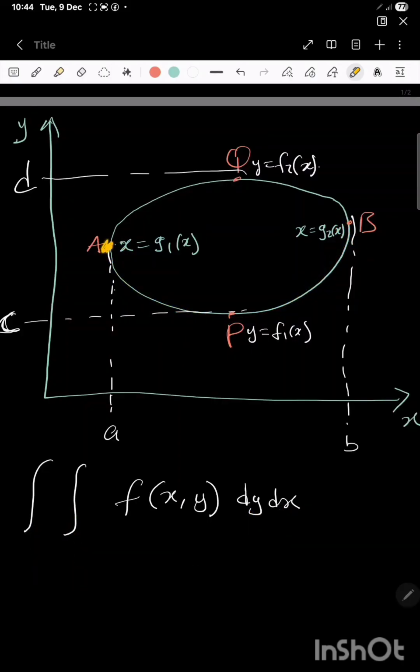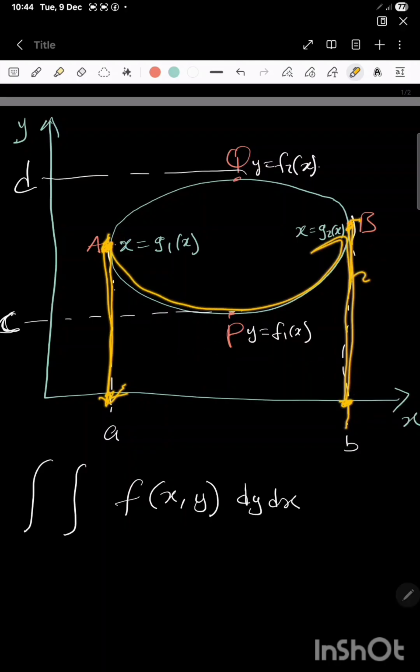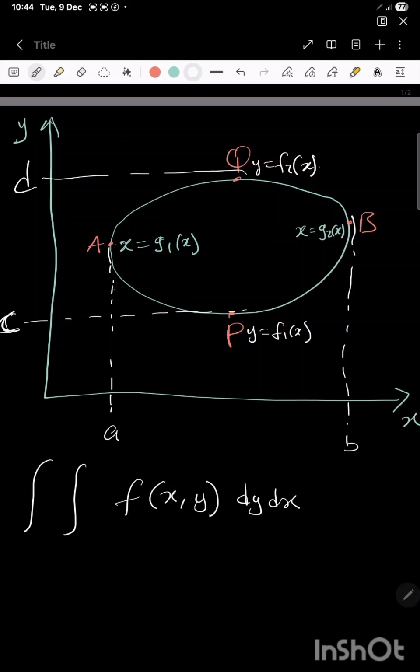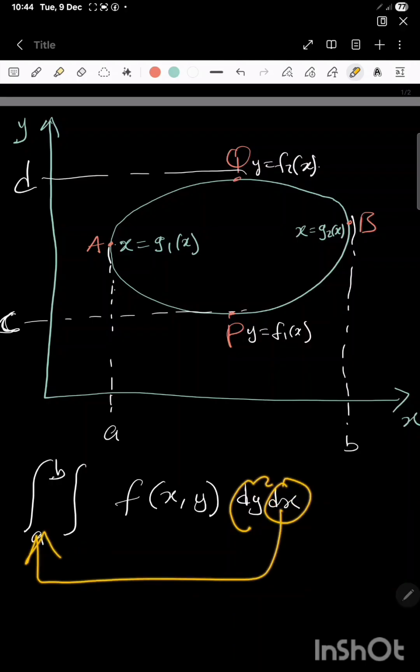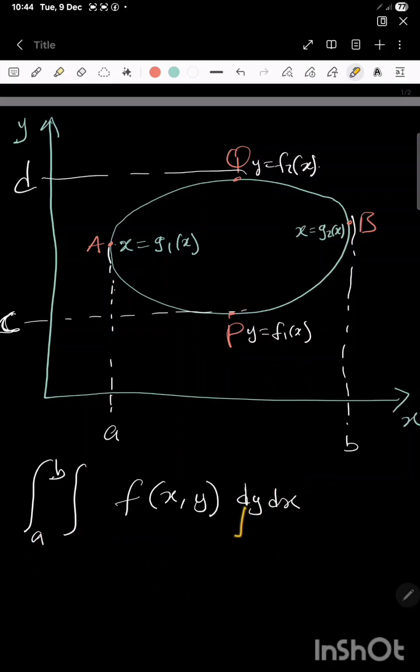We are moving from point A, the limit of x there is A, to point B, and the limit of x there is B. So we are moving from this point where the limit is A to that point where the limit is B. So our limits there will be A to B. Now we've gotten the limits of x. Now we need to also get the limits of y. Alright, how do we get the limits of y?